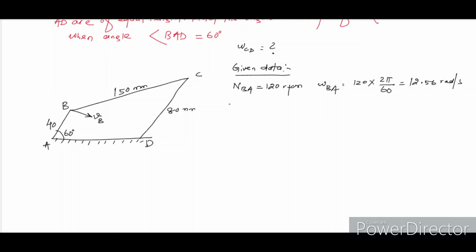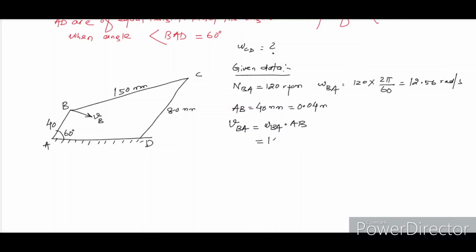Now AB is 40 mm, or you can say 0.04 meter, and VBA will be equal to omega BA dot AB, isn't it?